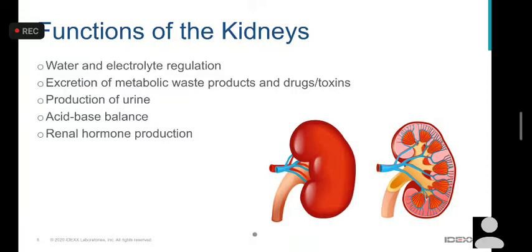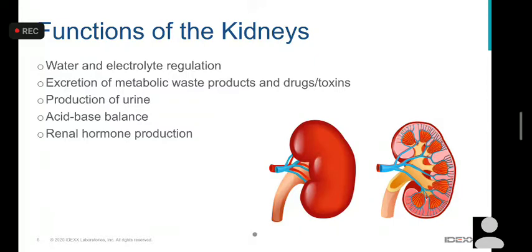Now, I said I was going to go back and revisit the anatomy and physiology of the kidneys. Here comes the dry part, right? But we tend to think of kidneys as something that you assess by measuring urea and creatinine. But if you think about what the kidneys do, they have so many functions. Excretion of metabolic waste products is the obvious one, right? They are filtering things through their glomeruli.